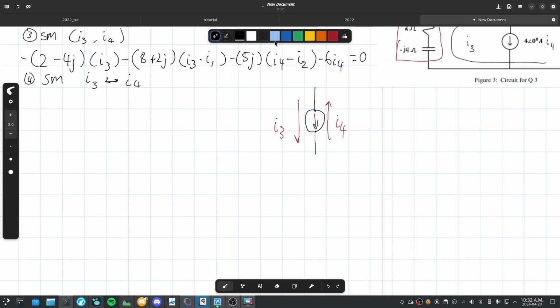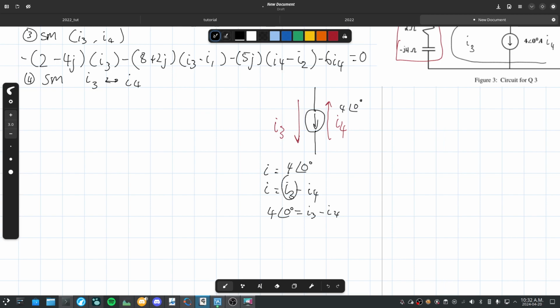And so, we can relate that the current in this wire is this current source, which is 4 with a phasor of 0. And the current is also going down, I3 minus I4. And so we combine these two equations. We have 4 with a phasor of 0 is equal to I3 minus I4.